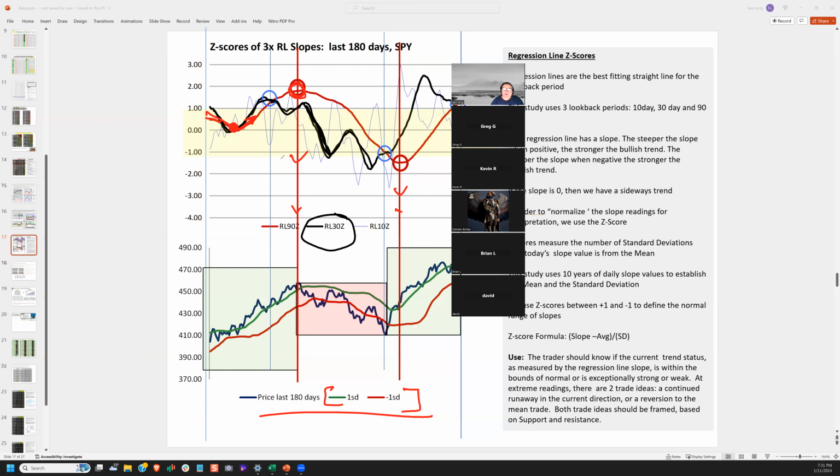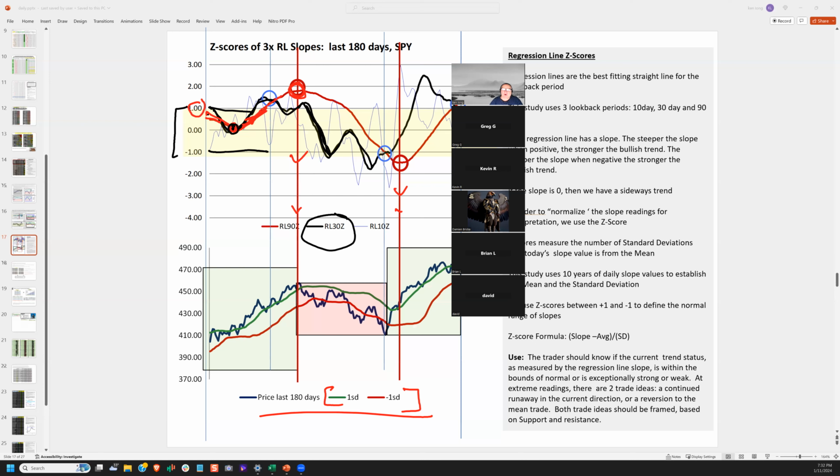And what that's telling you is when this thing turned positive at the zero line, this is the band of normal now. The slope of the RL90 was weakening until it reached this level and then got positive. And it went to the limit of normal at plus 1z.